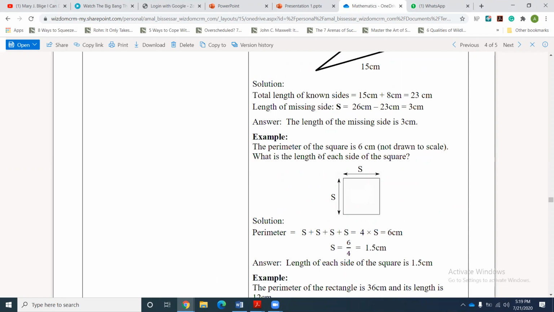They tend to make it into what we call real life situations. So they will say, Joshua ran around the playfield. They will not say, what is the perimeter of the land? They will say, Thomas wanted to put a fence around his land.